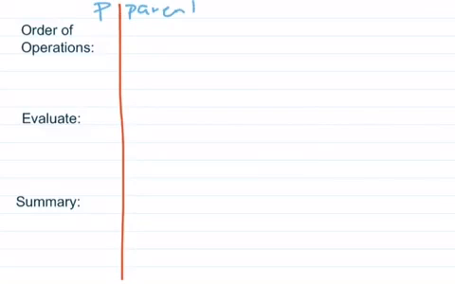Now, we're going to review order of operations, and the only thing that we're adding is, since now that we know how to work with square roots and cube roots, we're going to add that to our order of operations that you guys learned last year. So P stands for parentheses, so you always want to do what's inside the parentheses first.